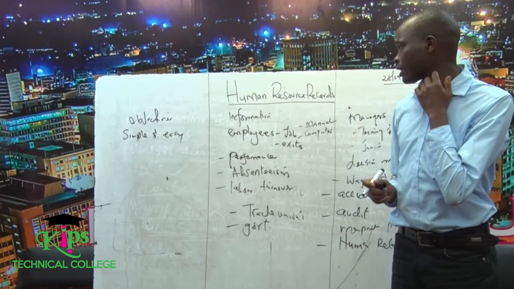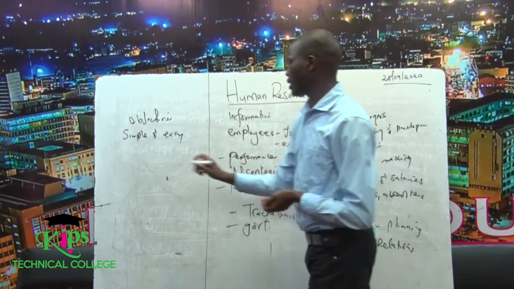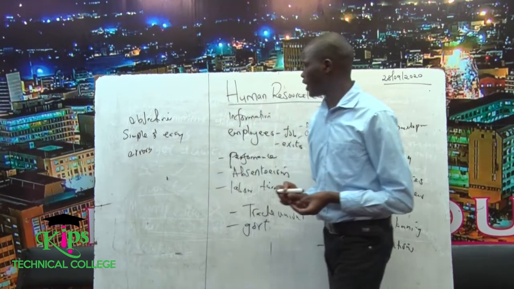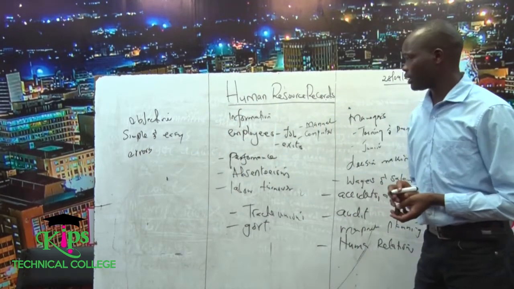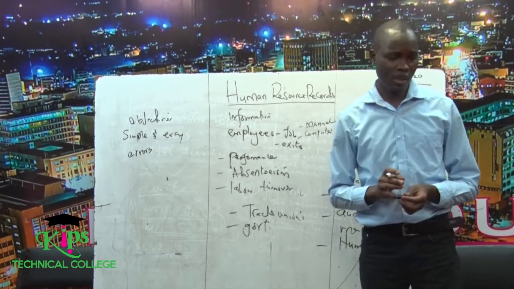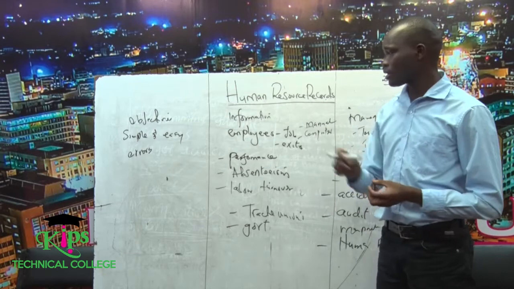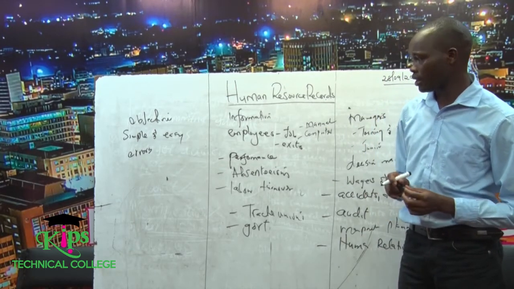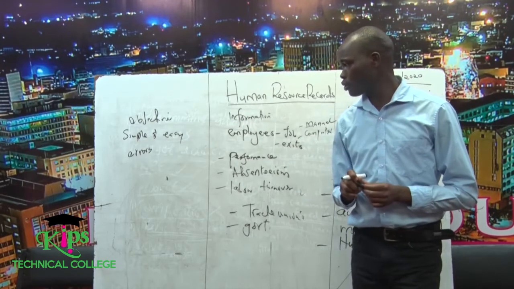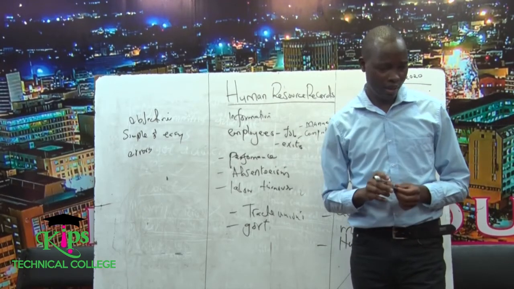Another thing is that the record should not be having errors. If the records are having errors, in other words, you're going to make wrong choices, and by the end of the day, it is the office that is going to be given that blame. Therefore, the record should not be having errors.